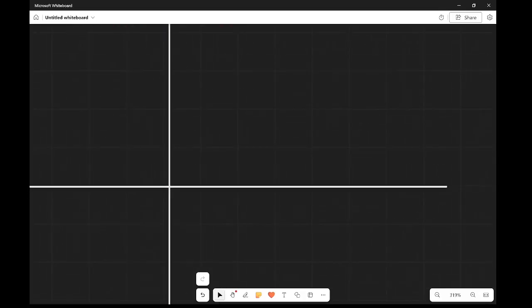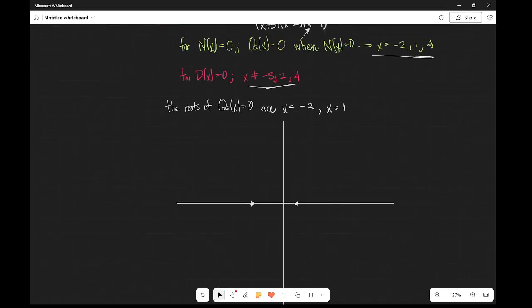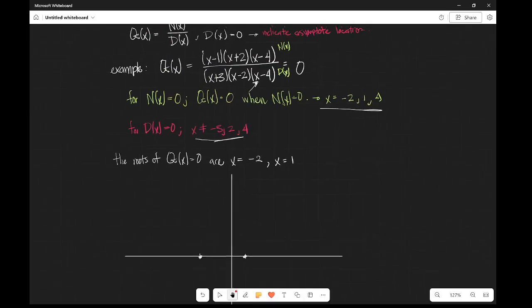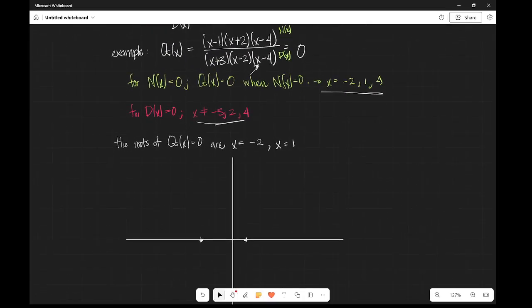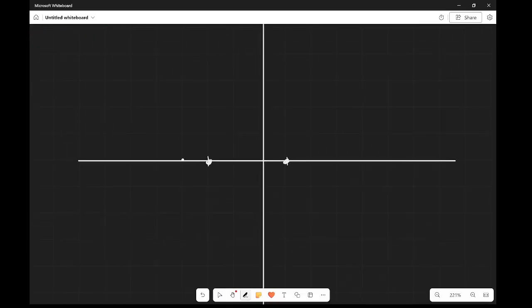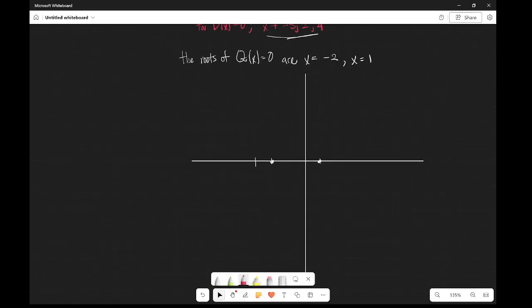So we know that we have zeros at -2 and 1. I'll just plot little points there, and then let's see what else we have. We have x cannot be -3. That's going to be where there's an asymptote. So there's a vertical asymptote at x equals -3.